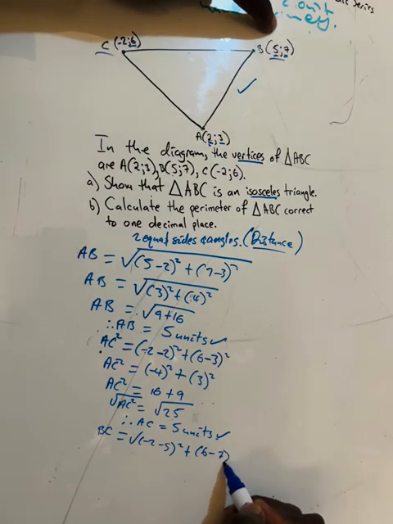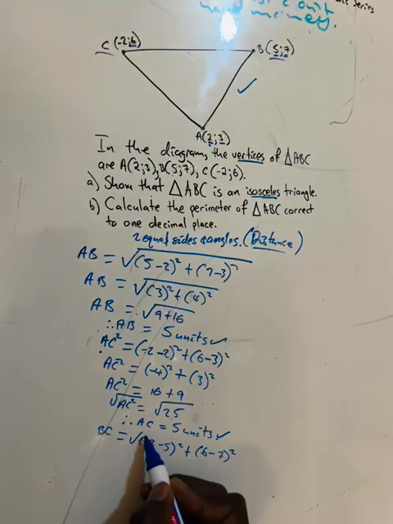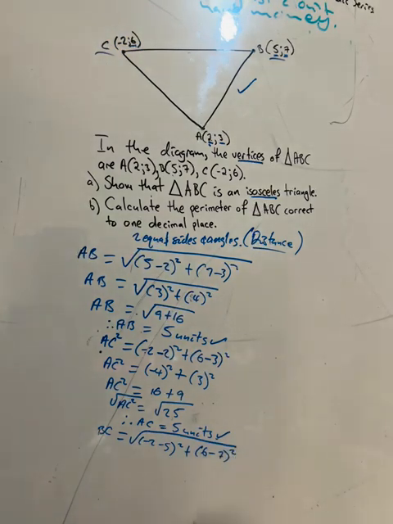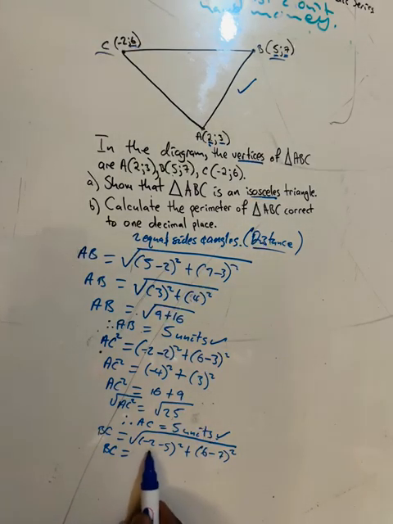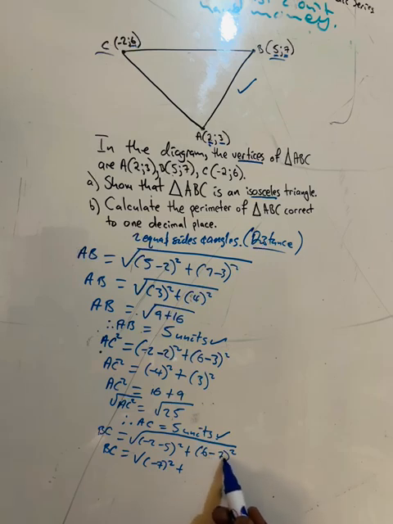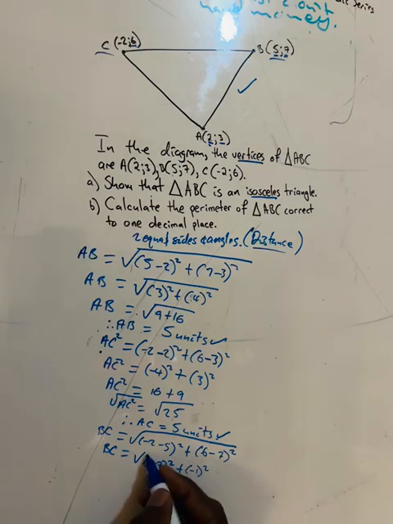So minus 7, close bracket, squared. Then we close the hood of the square root. We say BC is equal to -2 minus 5, it gives us -7. So we say square root, open bracket, -7, close bracket, squared, plus 6 minus 7 is equal to -1. So we've got -1 here, squared.